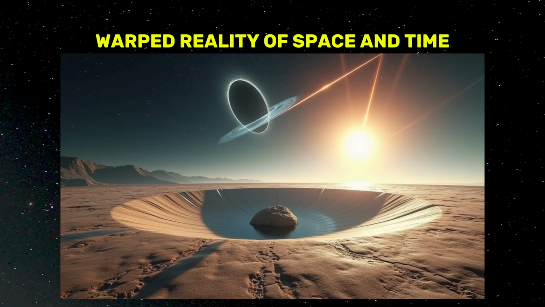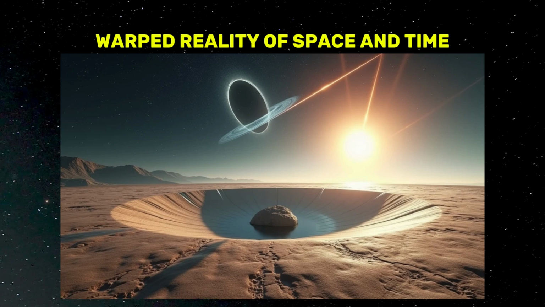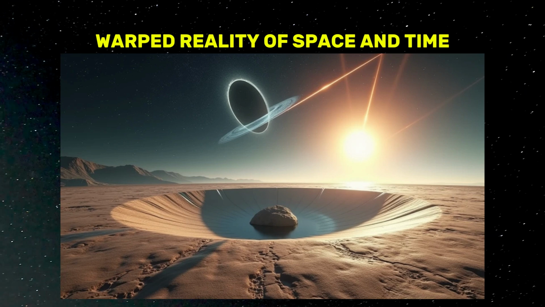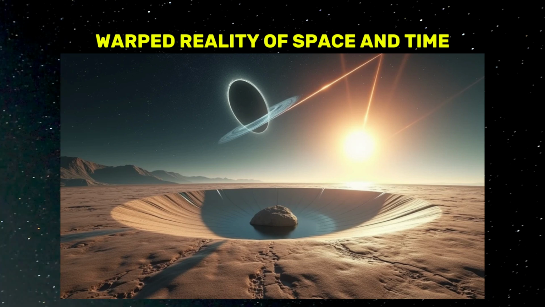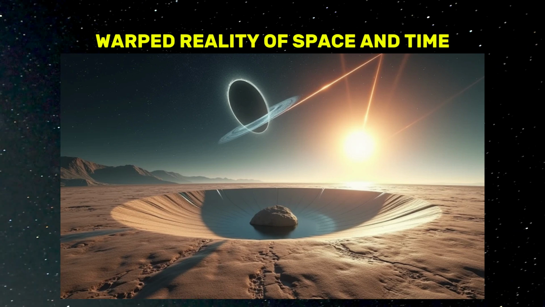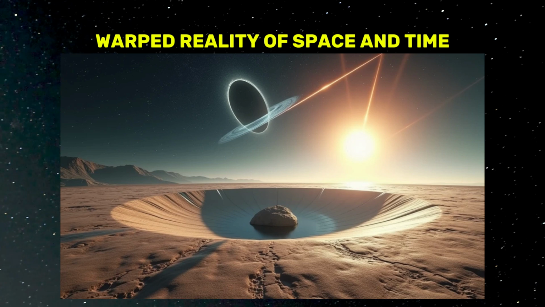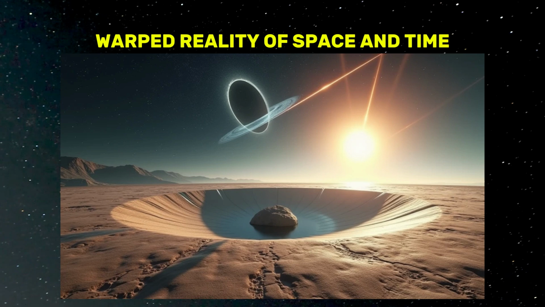One of the most remarkable predictions made by general relativity is that extremely massive bodies, such as the Sun, can bend light itself. This phenomenon is known as gravitational lensing. Imagine a beam of light traveling toward Earth from a distant star. As it passes near the Sun, its mass curves the spacetime around it, causing the light to arc ever so slightly.